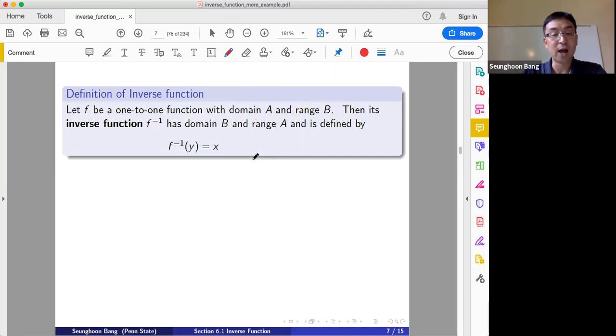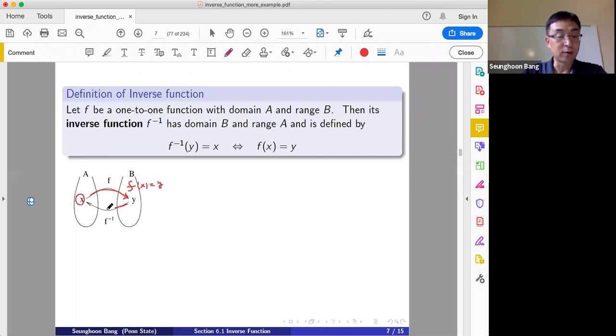It's defined by the inverse of f at y equals x. This is the same as f of x equals y. x goes to y by using f, we call it f of x equals y. Then y goes back to x, the inverse of y is x.